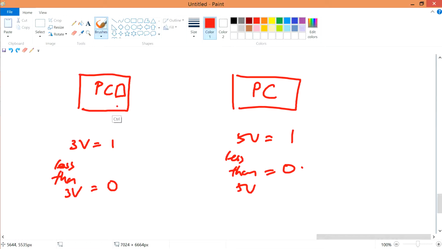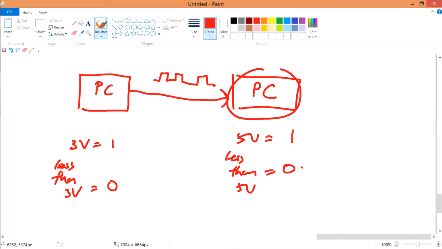The things we were talking about in the previous part, for your I2C. In this system, in order to have a logic 1, you supply 3 volts. Otherwise, if it's less than 3 volts, then it equals 0. So you send 1 byte of data, and this byte contains a 1010 type of pattern. You send it to this PC.